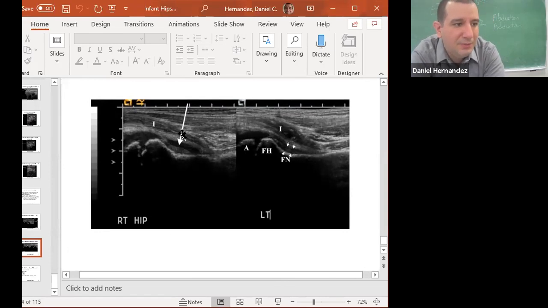If I see any indication of fluid, I'm going to put my power Doppler on here to see if there's also hyperemia within the tissue, because if it's an infective process or a septic hip, you'll typically have hyperemia, which would be evident with power Doppler. So I'll see if there's color flow in that area.